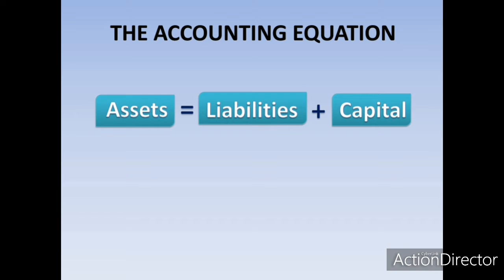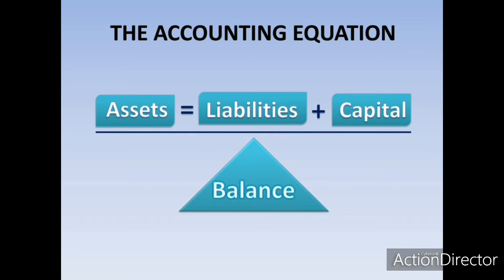In all cases, it must be balanced. This should be maintained in every transaction, that there is a debit and credit side in the accounting equation. So if there is an asset, there could be a liability and an addition to the capital.